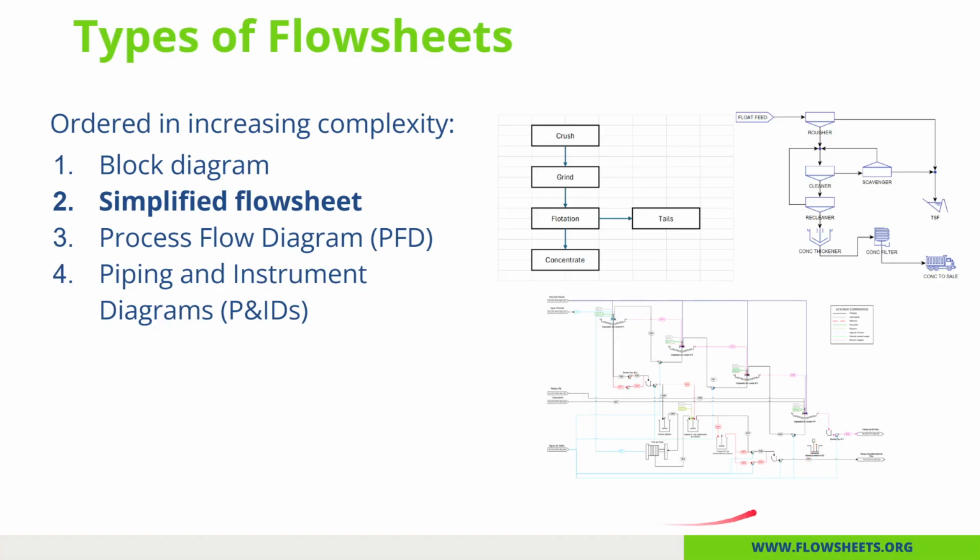The other end of the spectrum, you've got the full process piping instrument diagrams or process flow diagrams that you'd have from an engineering company, typically formatted on an A3 page, so it doesn't translate very well to PowerPoints or Word documents, and quite complicated because there's a lot of detail in them. So what we're talking about here are these simpler flow sheet diagrams where it's a little bit pictorial, but simple, compact, and can be used for things like PowerPoint and Word and memos and things like that.